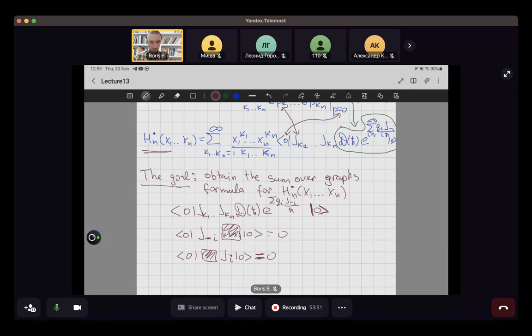The next, okay, let me leave it in this way. And then the next proposition, the next step, is to obtain the explicit formula for this G, bold G.